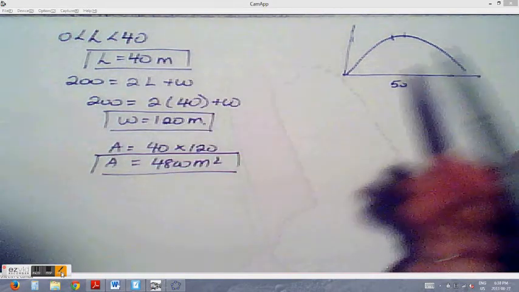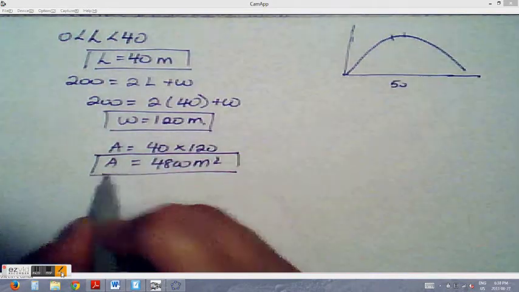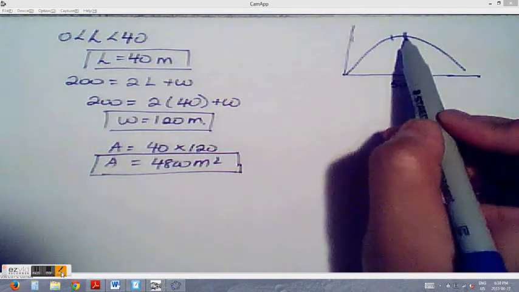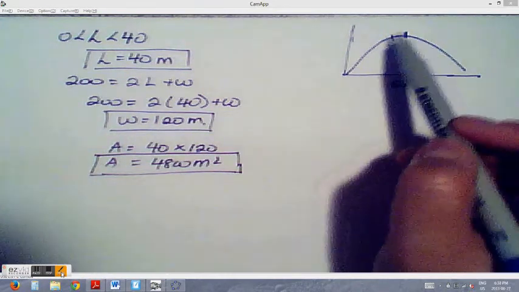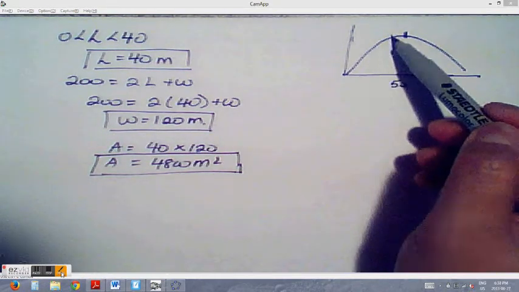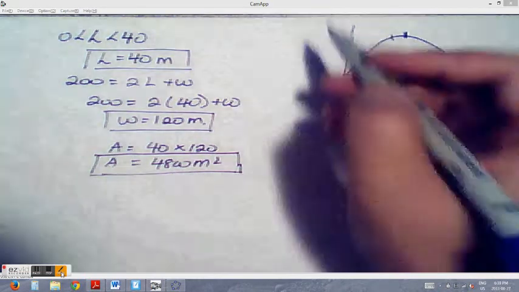So that's going to be our maximum area if we had restrictions in which the length cannot exceed 40. In this case, that would be our maximum area because when we found 50, 50 was our true maximum without restrictions. And there's no other value where the area is going to exceed that.